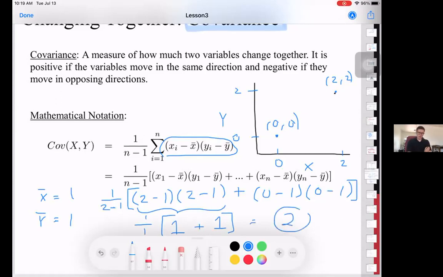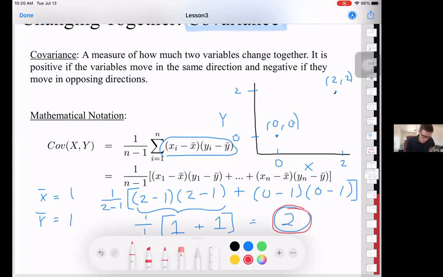The main thing that we learn here is that because this number 2 is positive, there's a positive covariance between X and Y. And the really nice intuition is when values of X are higher than average, values of Y are higher than average. When values of X are lower than average, values of Y are lower than average.